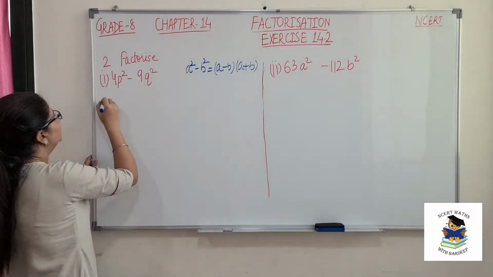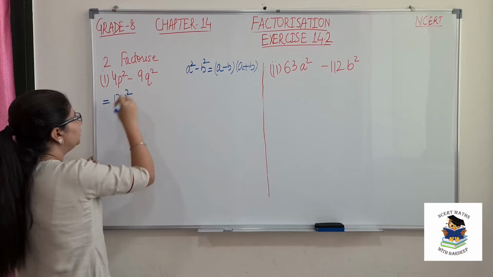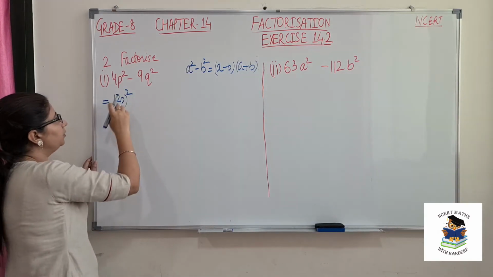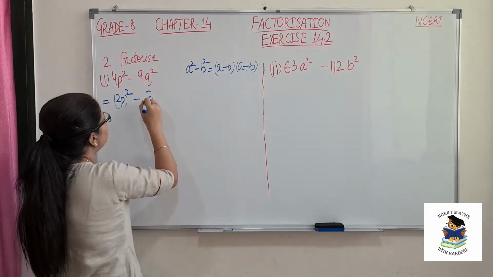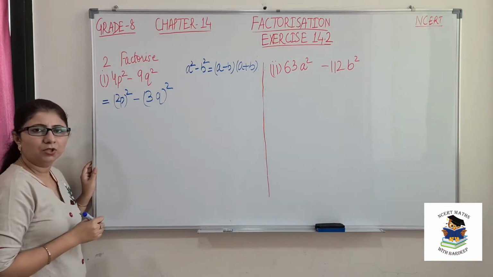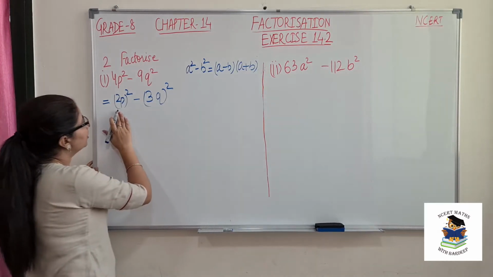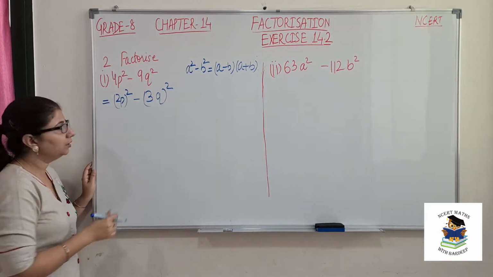So let's check here. 4p square is equal to 2p whole square, because 2 into 2 is 4 and p into p is p square. And 9q square can be written as 3q whole square. Now since they are perfect squares, we can use the formula.